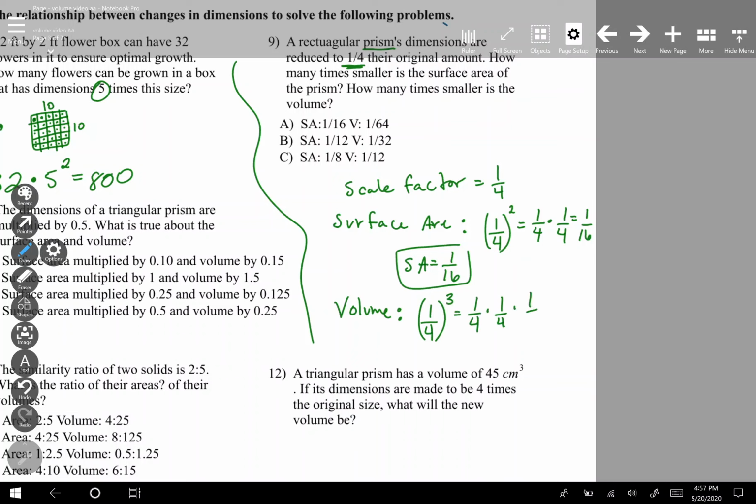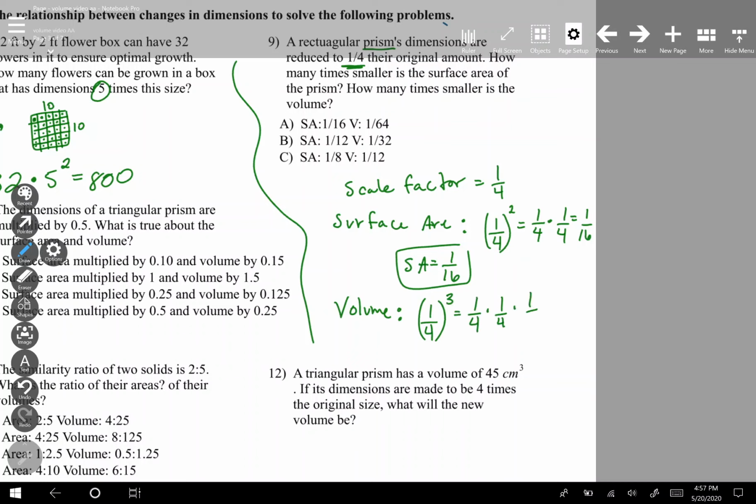Surface area. Take 0.5 and you square it. So 0.5 squared is 0.25. Volume, you're going to take 0.5 and you're going to cube it.